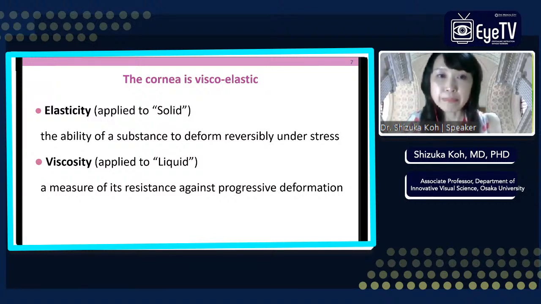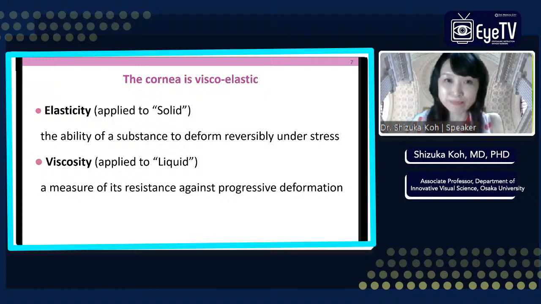It is the ability of a body to change its shape when the force is applied and to return into its original shape when the influence of the force is removed. Viscosity is generally used for liquid. It means a measure of its resistance against progressive deformation.